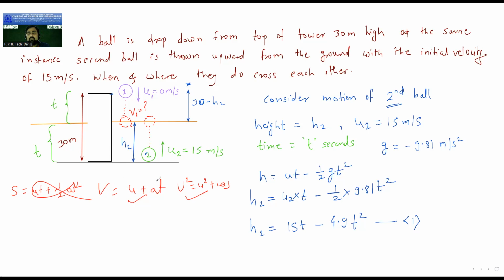And what is the time t? Time we have already calculated. What is the time? 2 seconds. Okay. So if I put all these values over here in this formula, I will get the value of v, that is velocity at this point.